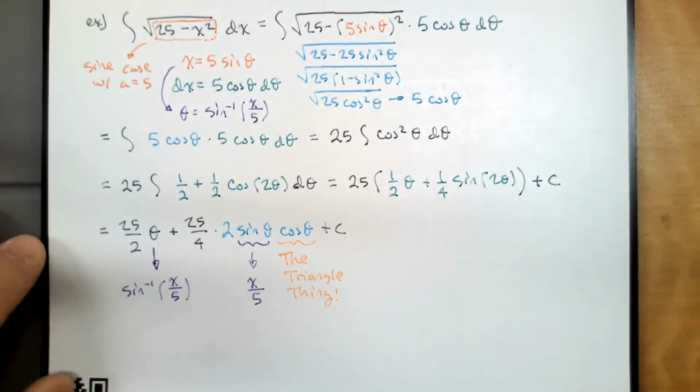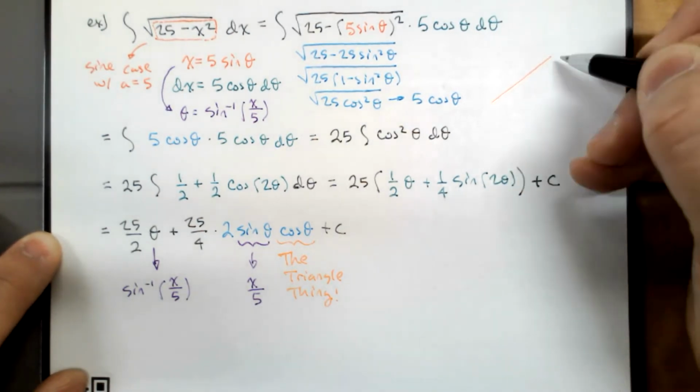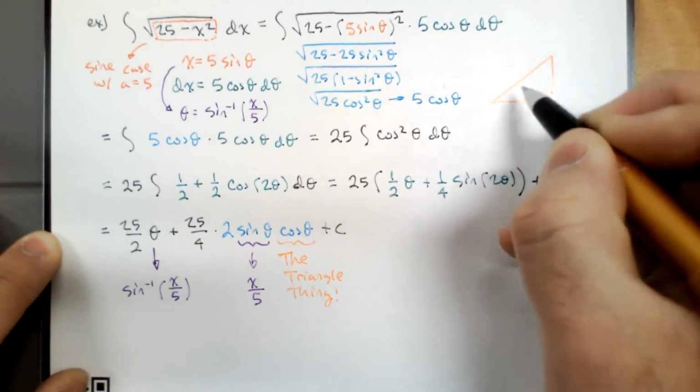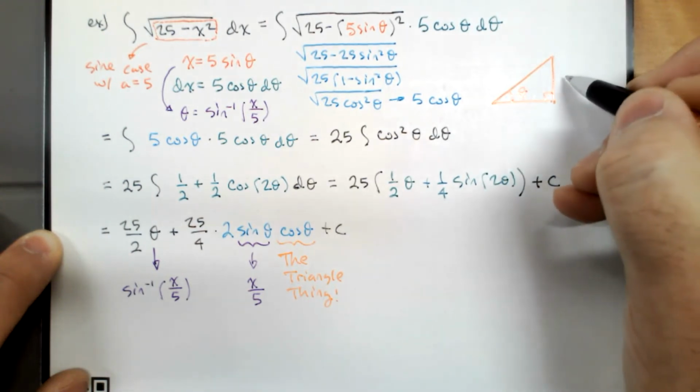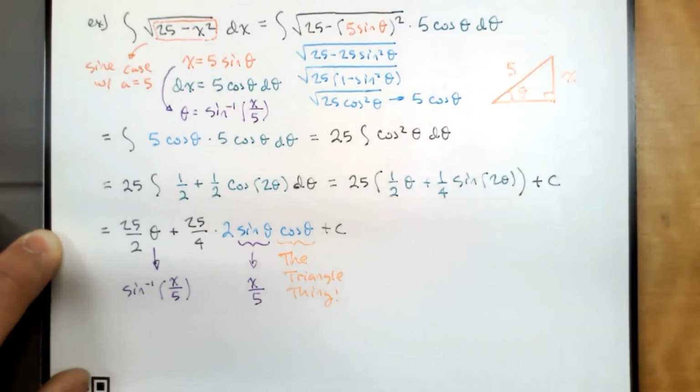So what we're going to do is imagine a triangle. Since sine of theta is x over 5, x is opposite and 5 is hypotenuse.